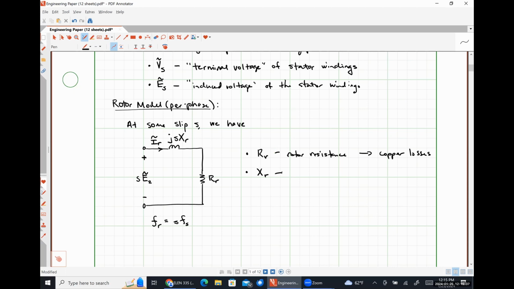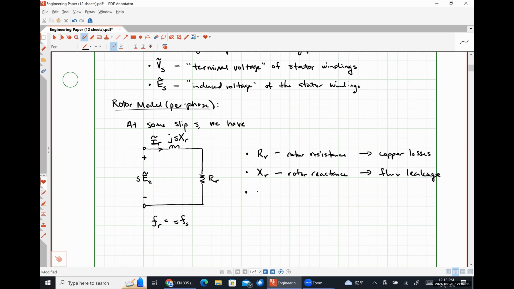X sub R is the rotor leakage reactance, representing flux leakage in our rotor windings.